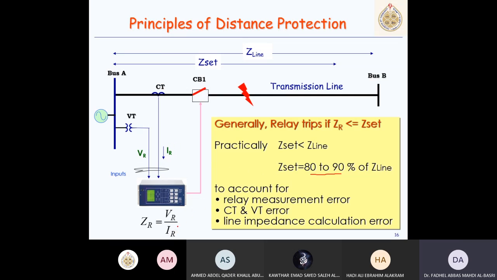So if the measured current has 5% extra or 5% less, the impedance will be 5% higher or 5% lower, even more, because it is 1 over 0.95, which is 5% lower current and will give us almost 5% higher measured impedance.